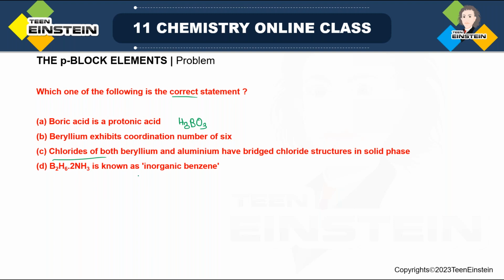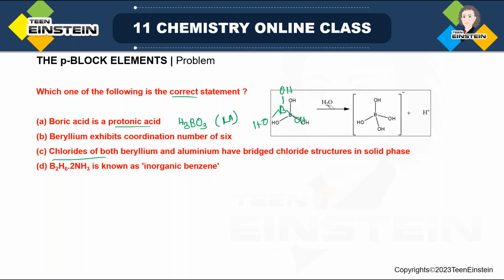Boric acid is H3BO3 and we know it behaves as a Lewis acid. It is not a Bronsted acid, that means it is not a protonic acid. It can accept one OH minus from water. This equation you have already seen before.